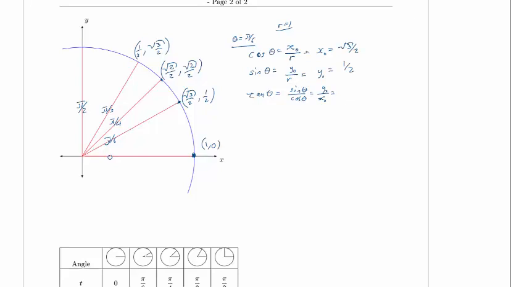So y coordinate is 1/2, x coordinate is root 3 over 2. So the 1/2s cancel, and so we're left with 1 over root 3. We want to get the root 3 out of the denominator. And so we end up with root 3 divided by 3, and that would be tan theta for that one.